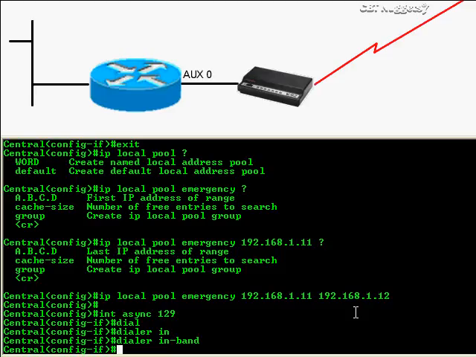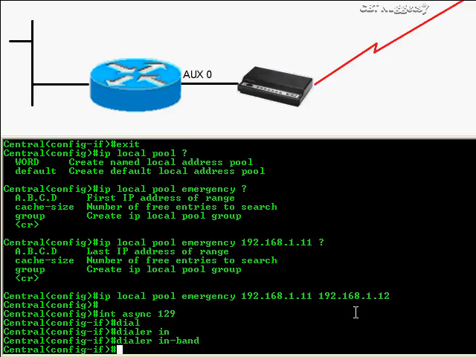This is if it needs to make an outbound call. It will tell it to transmit the digits that it's dialing in the same bandwidth as the normal call. That's opposed to an ISDN line where you have a D channel where all the signaling is separate, and that's what it defaults to. So we need to make sure we type in dialer in-band so it knows to send the digits on the same line so the phone company gets them, otherwise it won't.